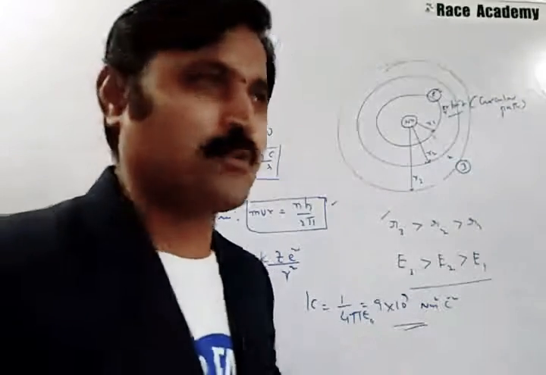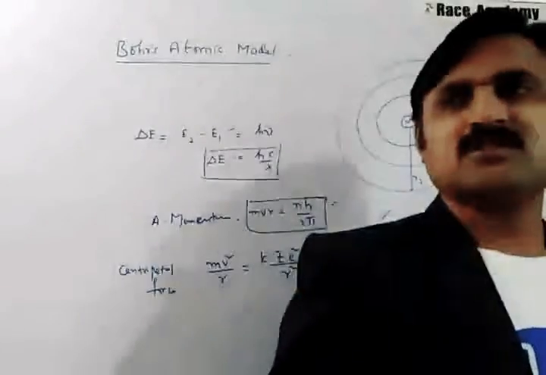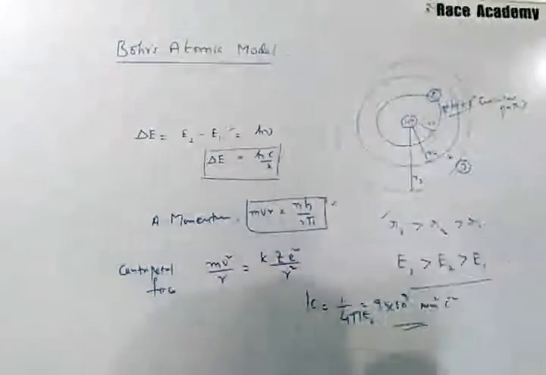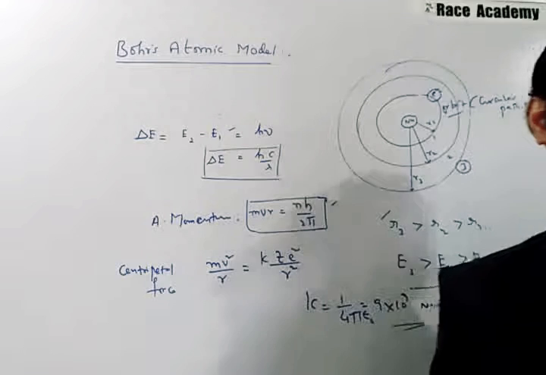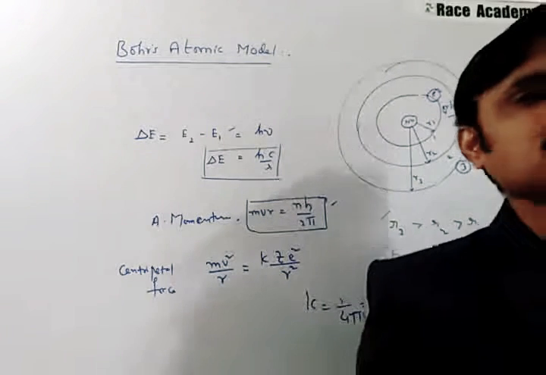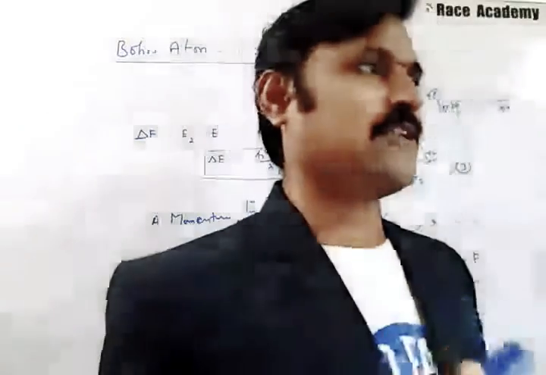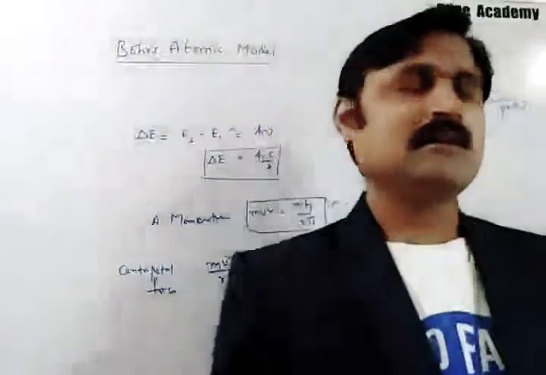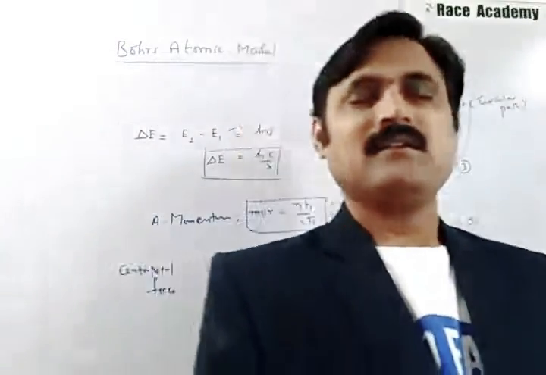These are the main postulates of Bohr's atomic model. I hope you understand Bohr's atomic model in this class. We will discuss further developments in Bohr's atomic model in the next class. Have a nice day.